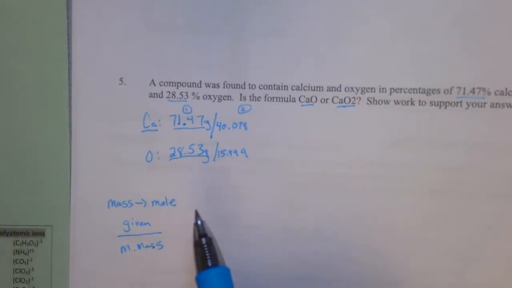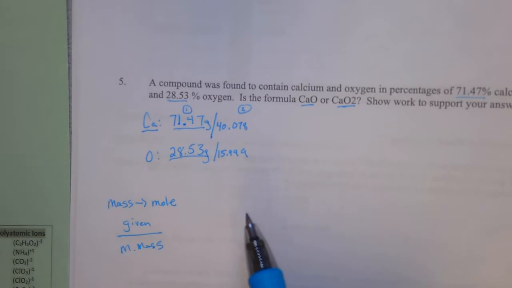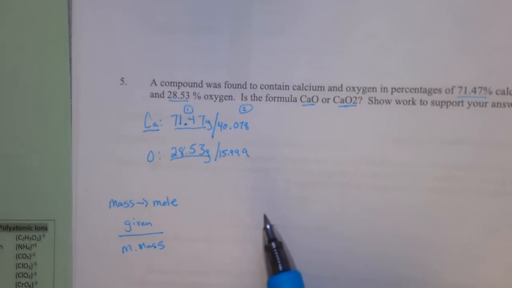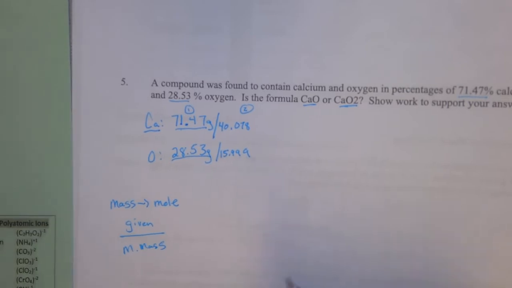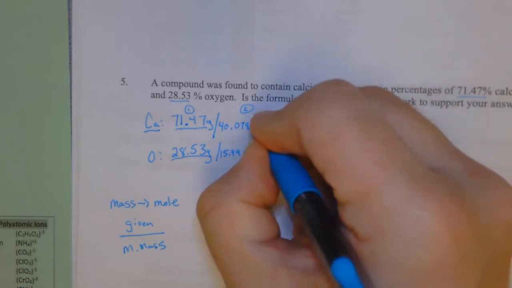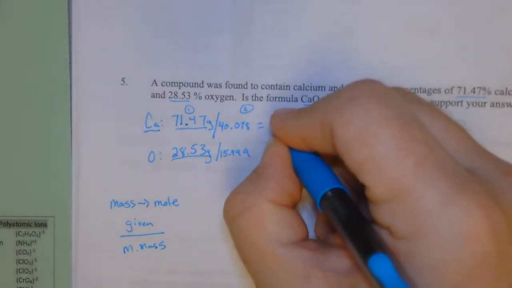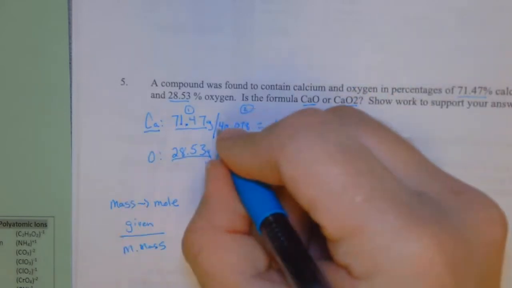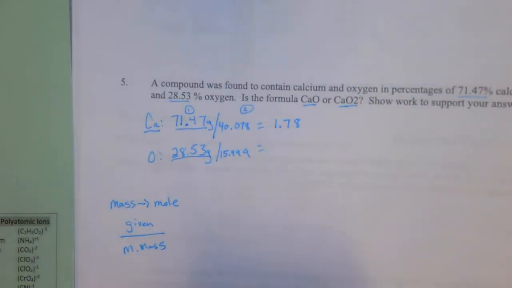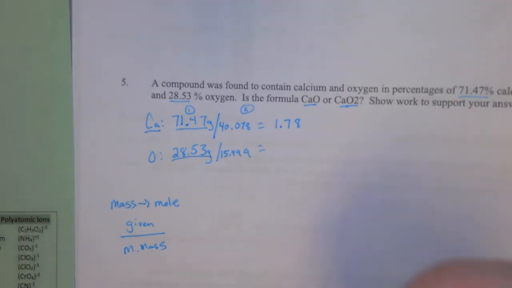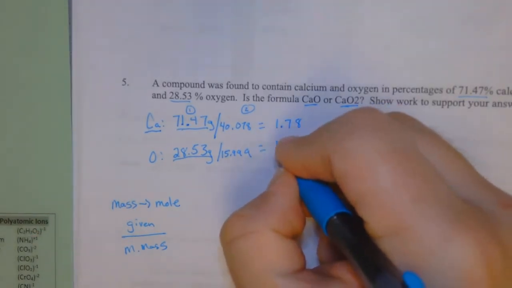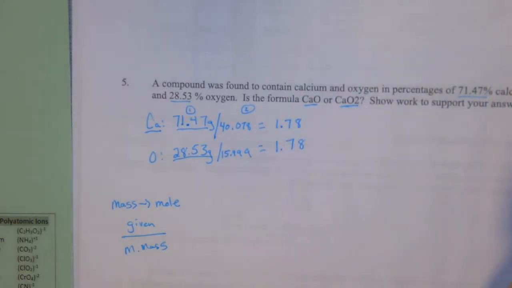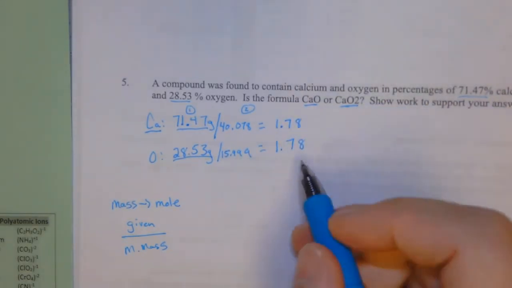Once again, we're turning a mass into a mole, because that's our step 2. When I put both of these into my calculator, I get 1.78 moles for calcium, and 28.53 divided by 15.999 gives 1.78 moles for oxygen.